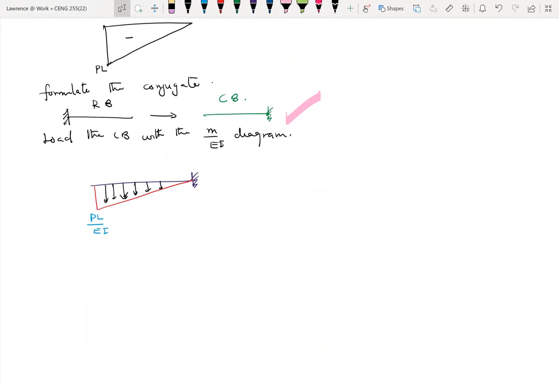Okay. So here, because it's a conjugate beam, I can name here A prime and name here B prime so that at least it separates the real beam from the conjugate beam. Now solve for the conjugate beam. Okay.